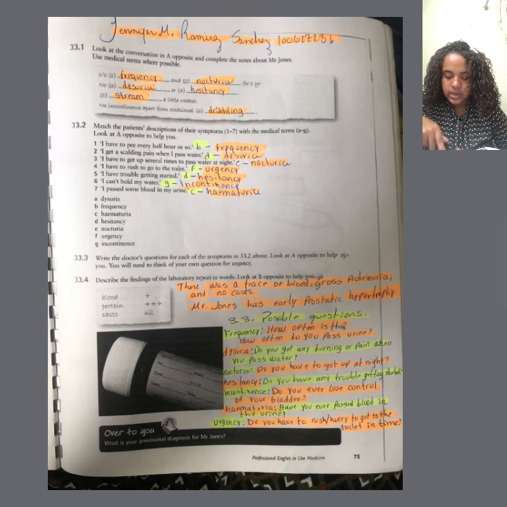Dysuria. Do you have any burning or pain when you pass water? Nocturia. Do you have to get up at night? Hesitancy. Do you have any trouble getting started?